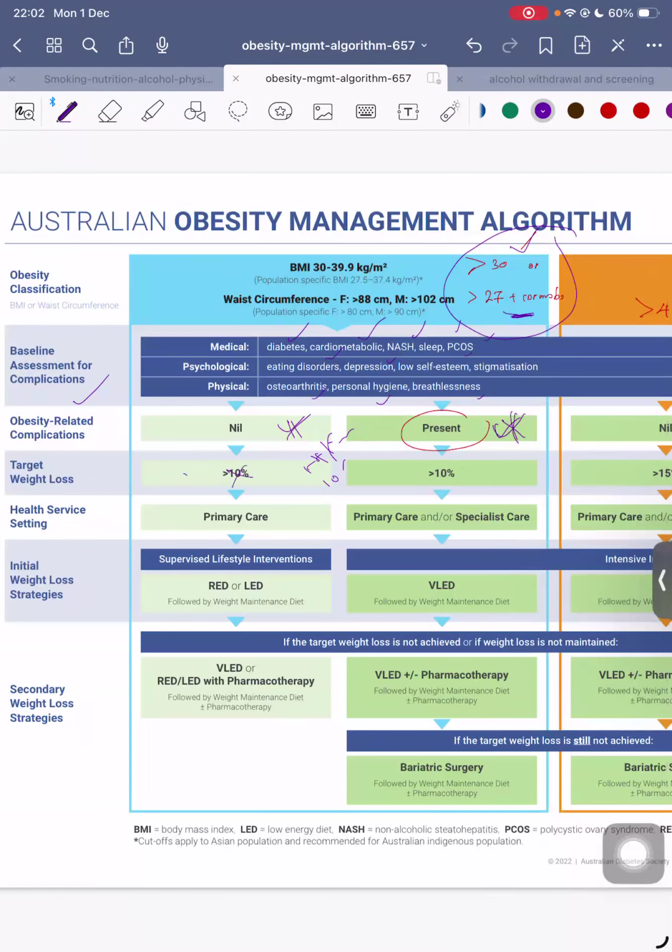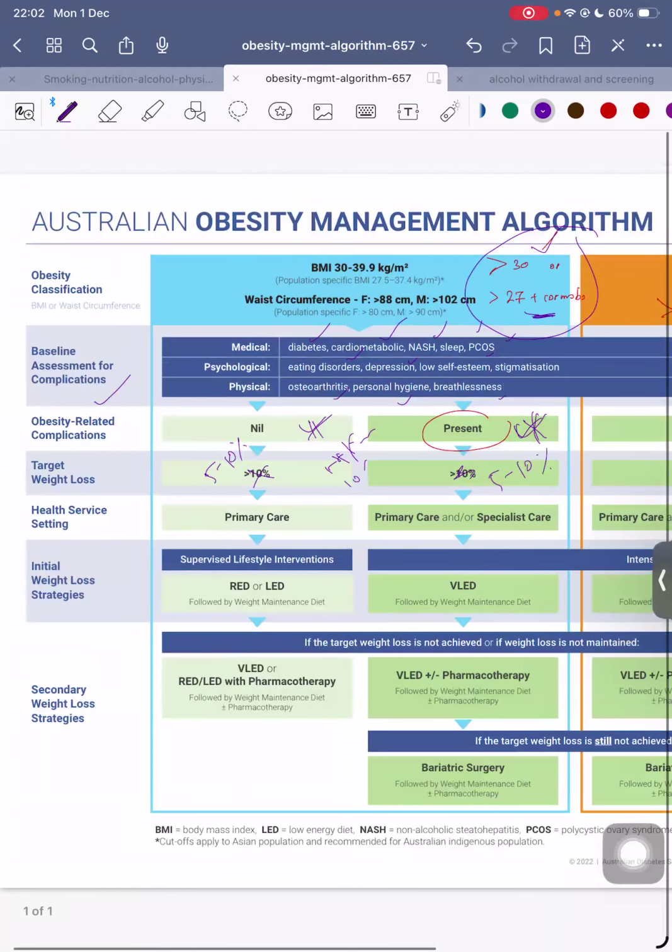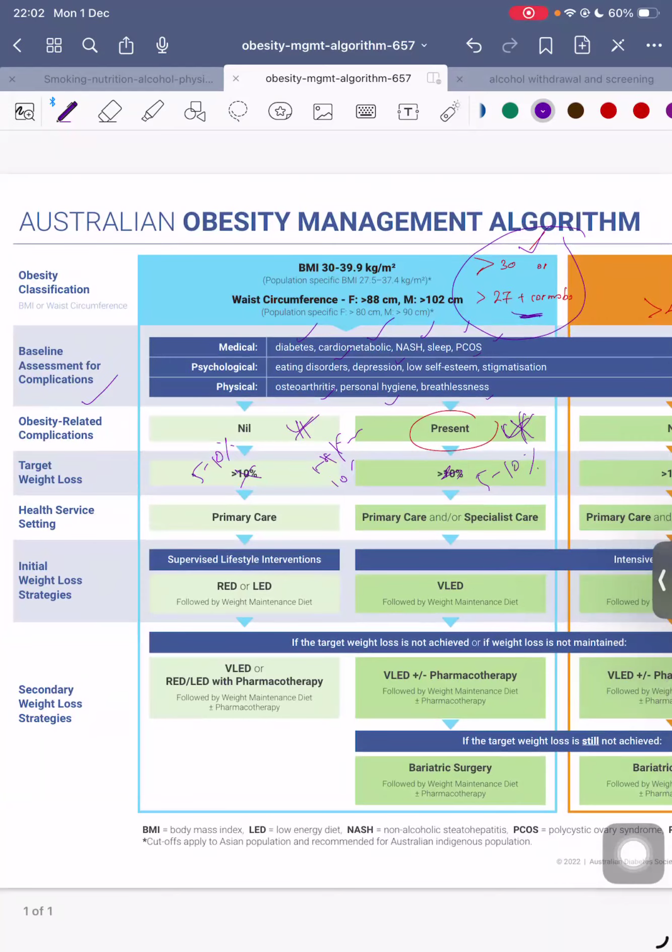That's why I am not showing it here. It's kind of different because this is an old guideline. I'm just showing it to get an idea about the algorithm. This is not the updated guideline, that's what I'm editing. Here, initial weight loss strategies we can use if the patient doesn't have comorbidities are low intensity, LED meaning low energy diet, and VLED meaning very low energy diet.